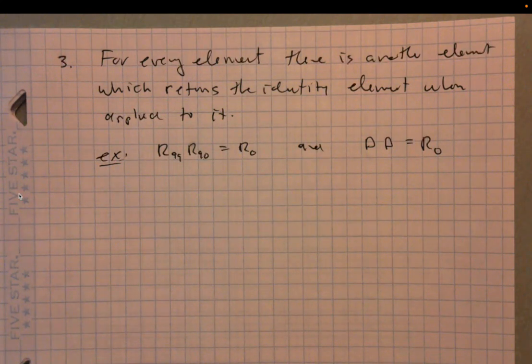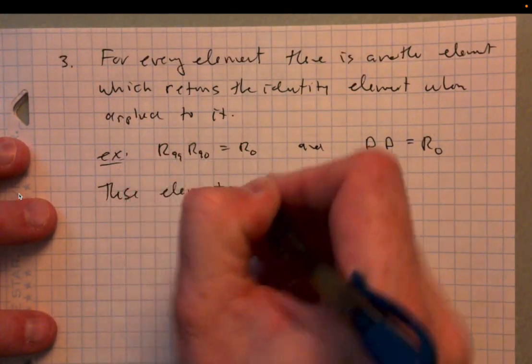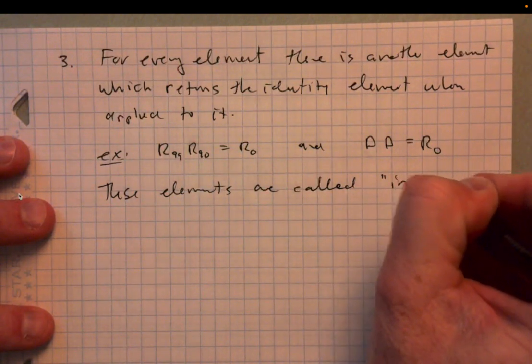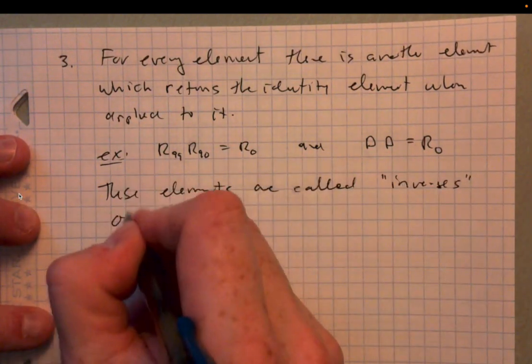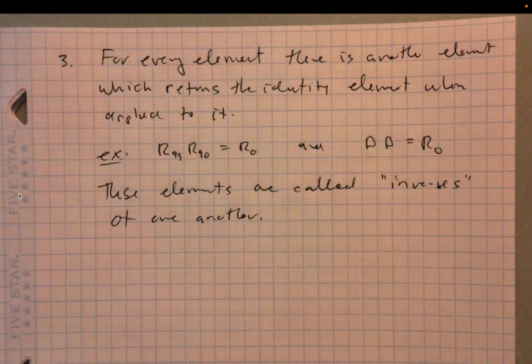These elements are called inverses of one another. This is another important property of groups, and it will be part of the definition of a group, that all elements have inverses.